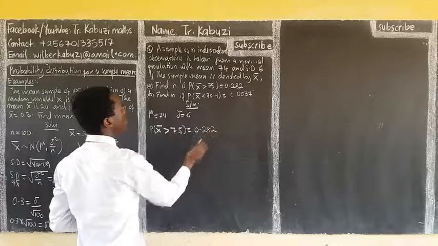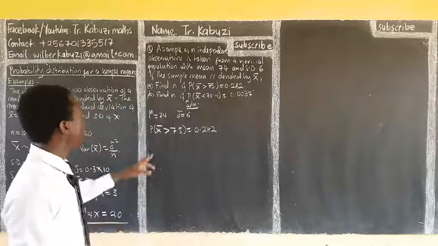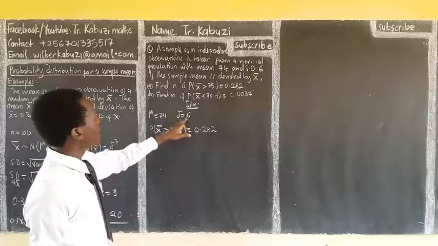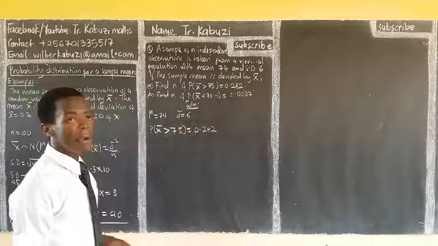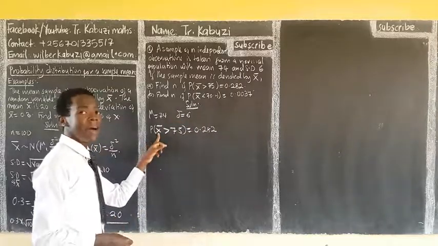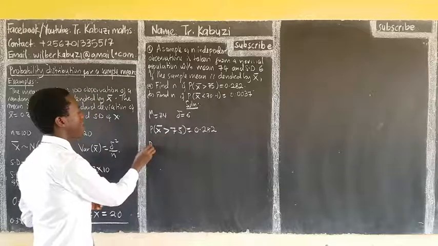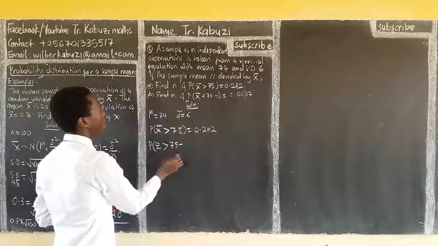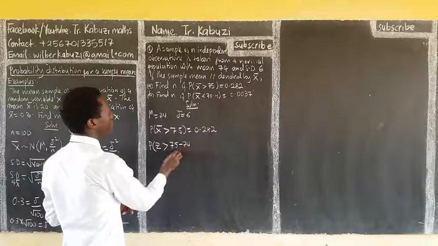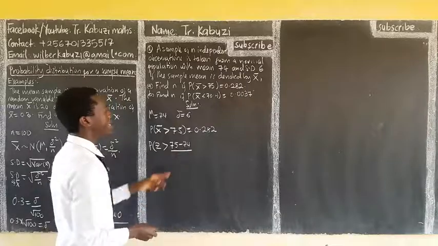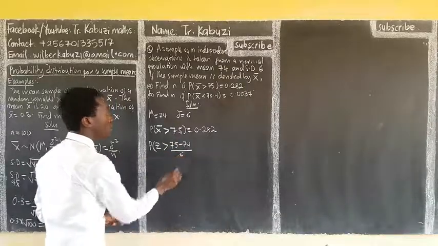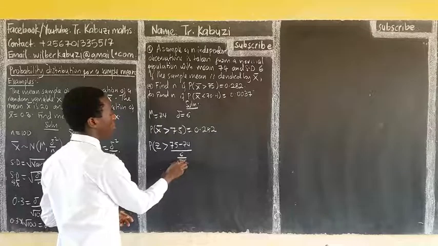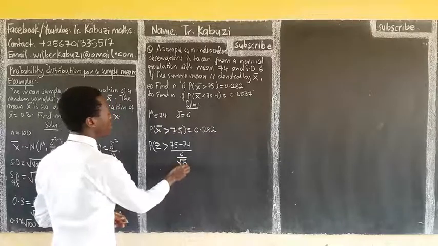0.282. Here we are going to use normalization because they are giving us a probability. This 6 is the sigma we want. Because this is the sample mean, we standardize it. So Z will be greater than 75 minus the mean, which is 74, over the standard deviation 6 over the square root of the sample size we are looking for.